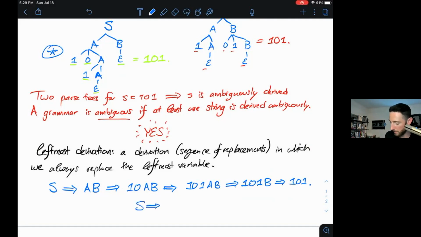So we write a double arrow with a star over it to indicate derives. That is, there are multiple rules that take us from S to the string 101. One way to remember the notation with the star is to think of it as kind of like a Kleene star over this little operation yields. There are 0 or more yields taking us from S to 101.